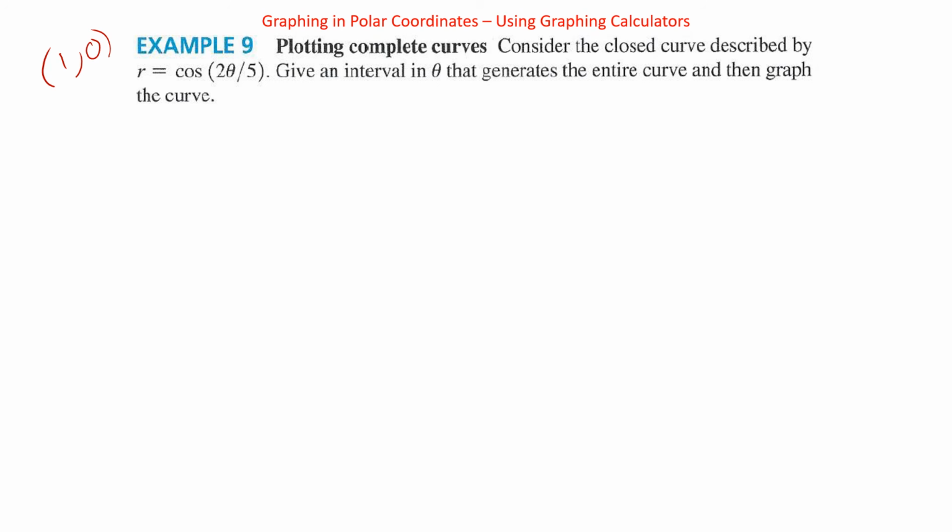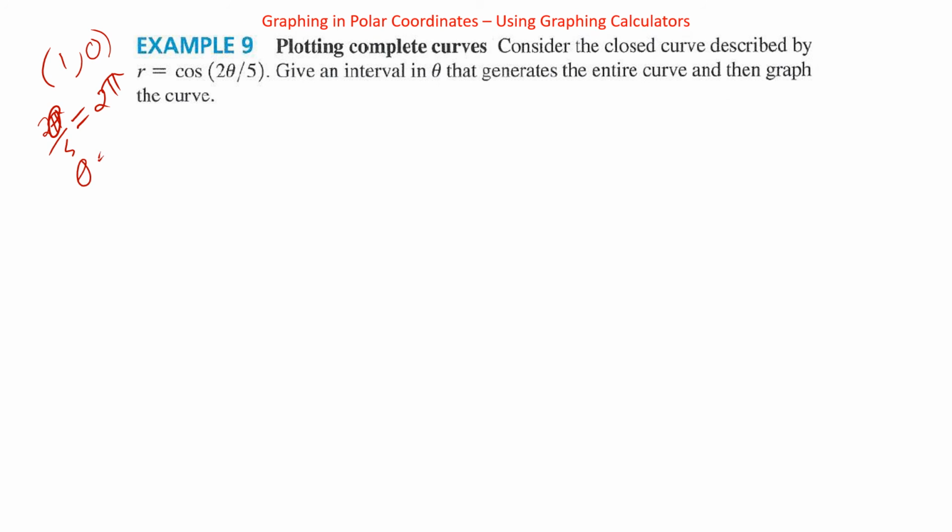So the next thing that's going to equal 1, we need cosine of 0, we need cosine of 2 pi, we need cosine of something like that. So 2 pi over 5, or 2 times theta over 5. We need that to equal about 2 pi, so we can multiply, divide.